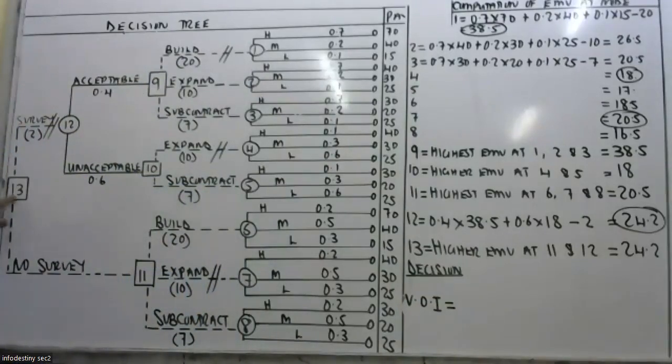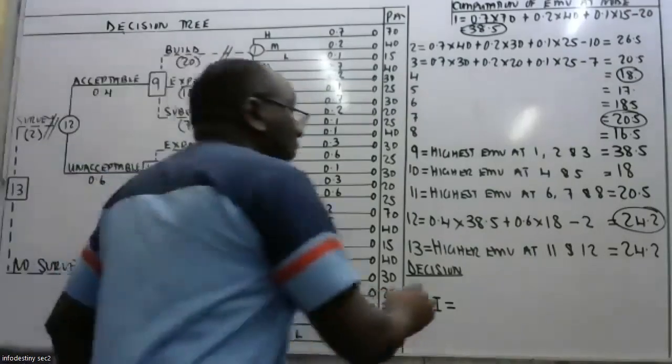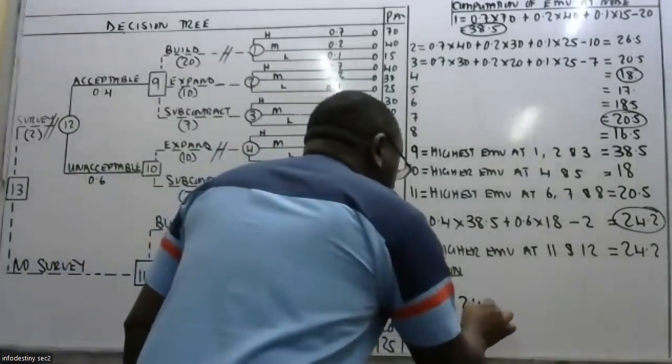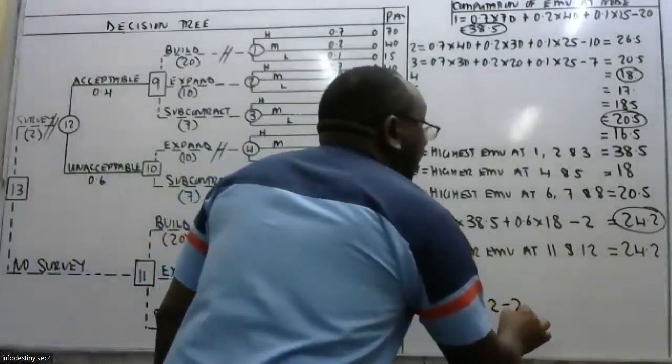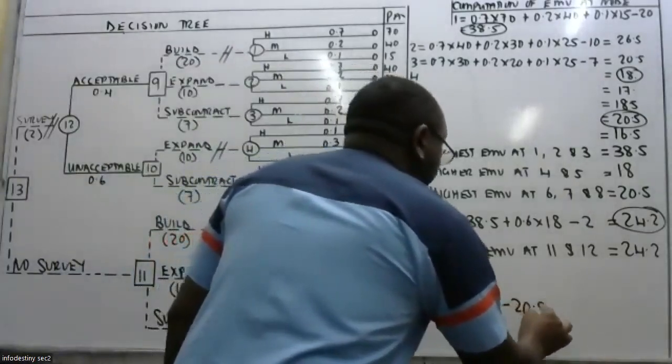Unarudi hapa kwa hii node ya mwisho. You look at the event, the lines that have gone out. Unachukua the higher, you subtract the next higher. So now that these are just two, unachukua the value tumepata kwa 12, subtract it tumepata kwa 11. It's as simple as that. So that was 24.2, you minus 20.5.